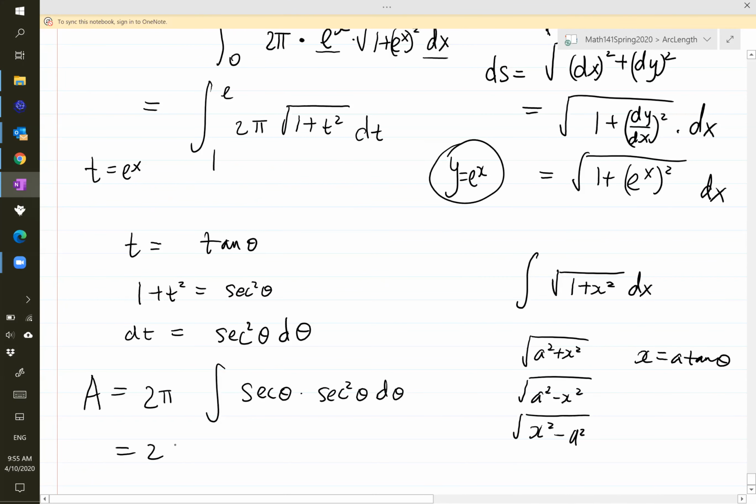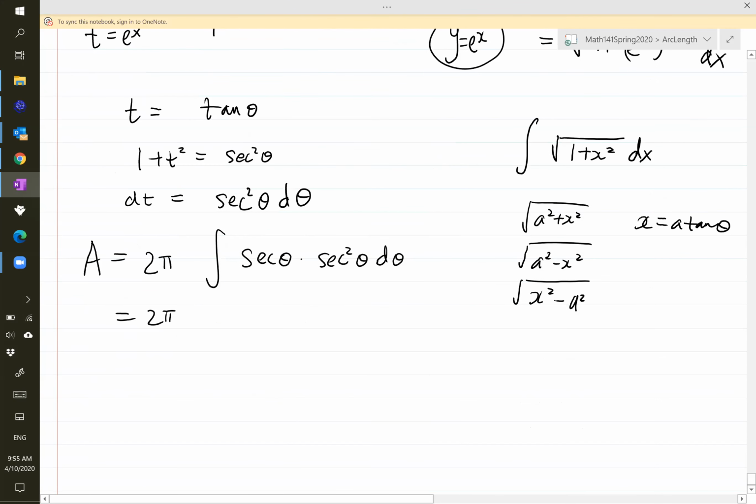So this will be 2 pi times the integral of secant cubed theta d theta. And we find its antiderivative; we did this a couple of times. Its antiderivative is 1/2. You can check your notes.